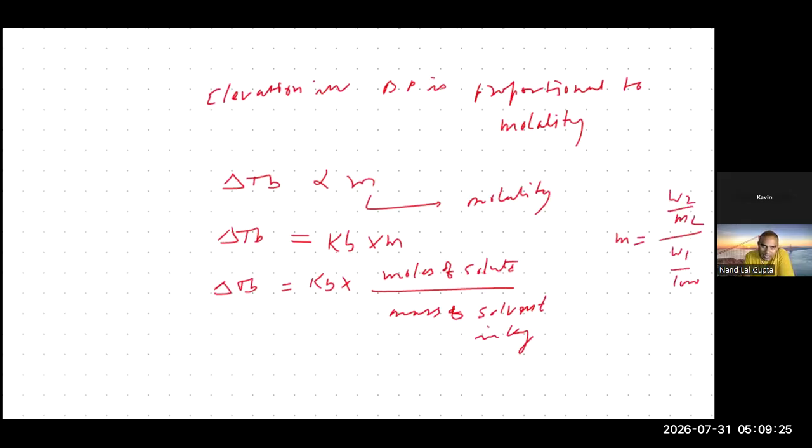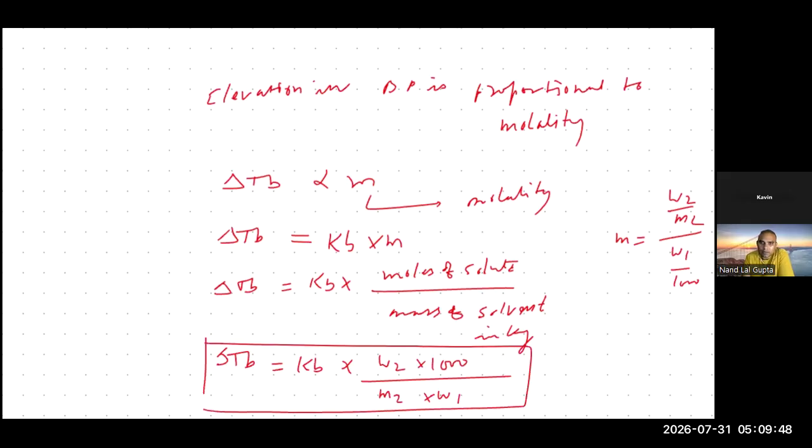So delta TB is equal to KB multiplied by W2 multiplied by 1000 divided by M2 and W1. Can you understand this?